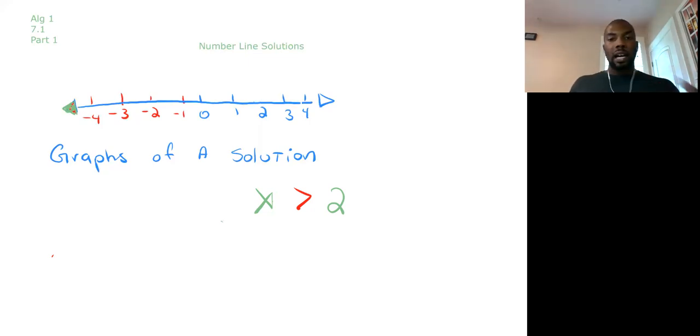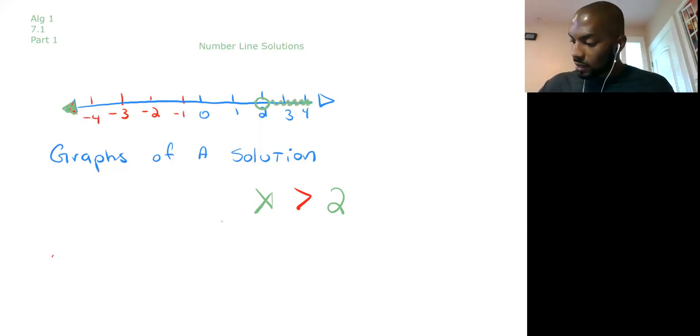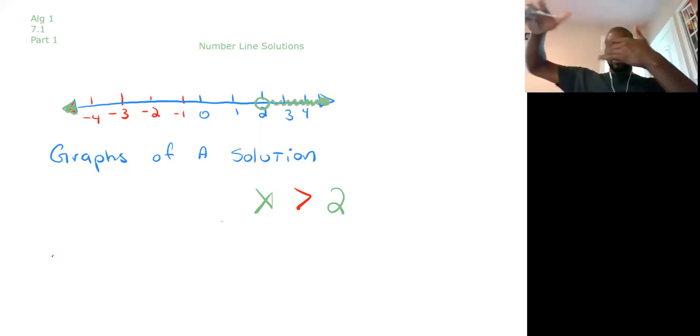So on my number line, how do I mark it? I start at my reference point, which is 2, but not including 2, because it's not equal to it. And then I go everything to the right that is larger than 2, all the way into infinity.